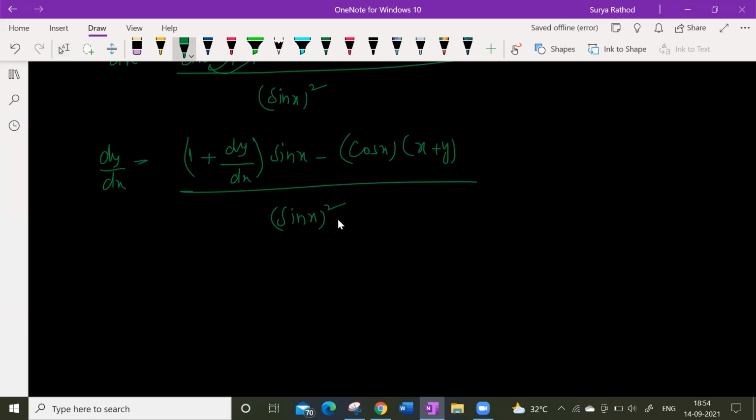All right. So dy by dx is equal to sin x into this one plus sin x into dy by dx, minus cos x into cos x. Let it be as it is, no problem.